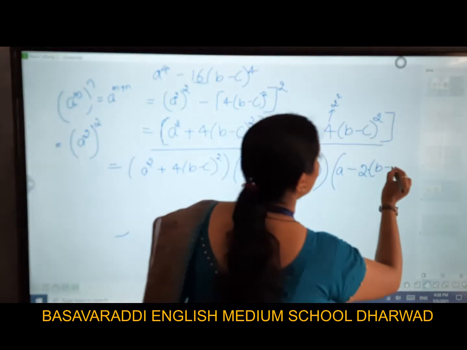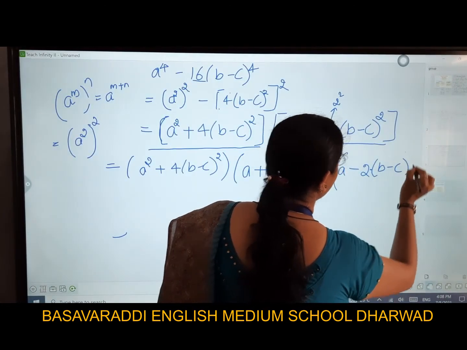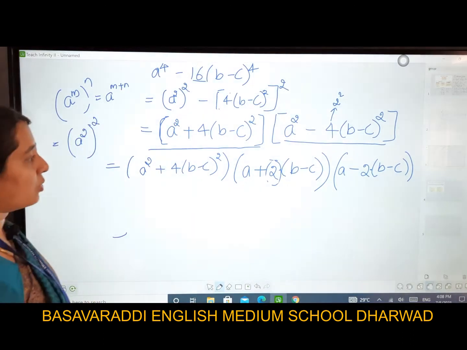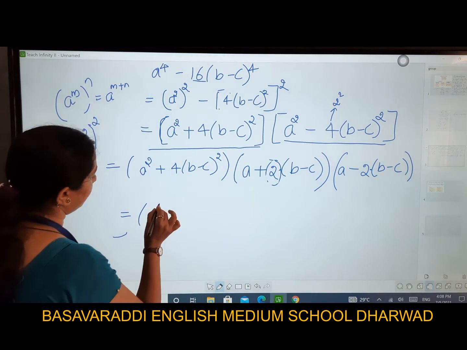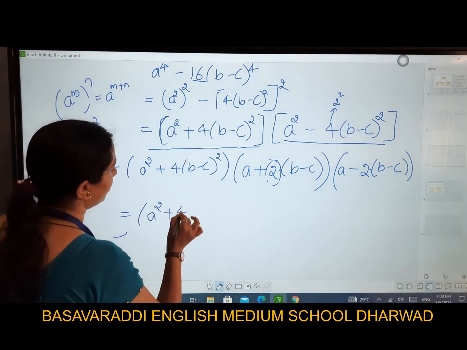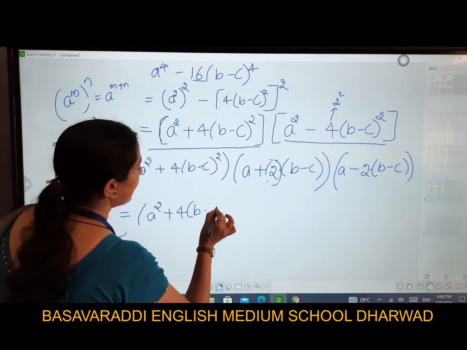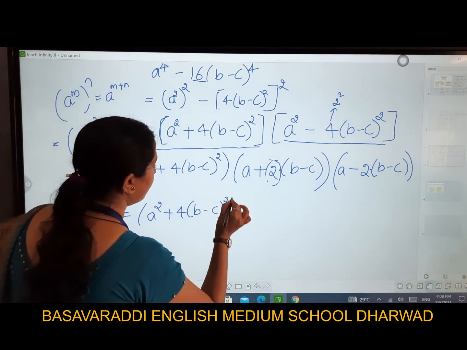So 2b minus c. Yes, so the complete expression: a square plus 4 into b minus c whole square.